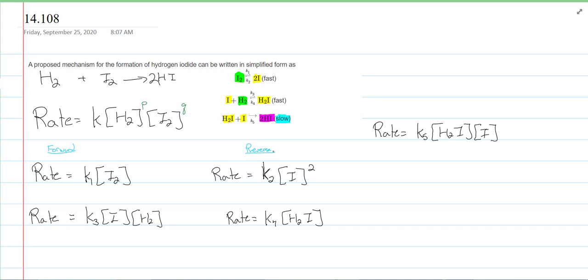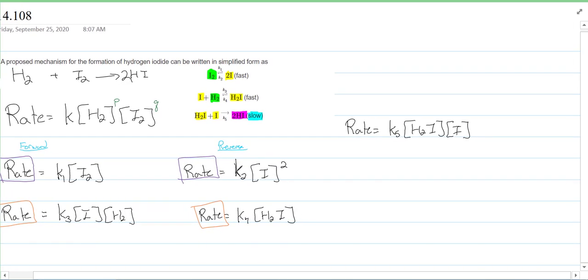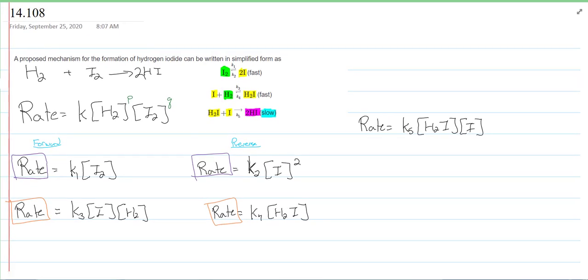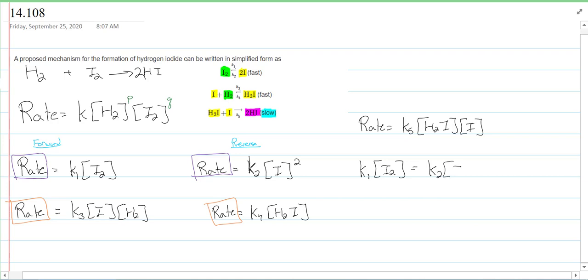Now, this rate will equal this rate. Those rates are the same. And this rate equals this rate. So what I can do is have K1 times concentration of I2 equals K2 times concentration of I squared.